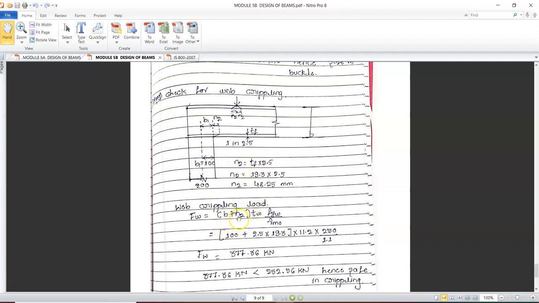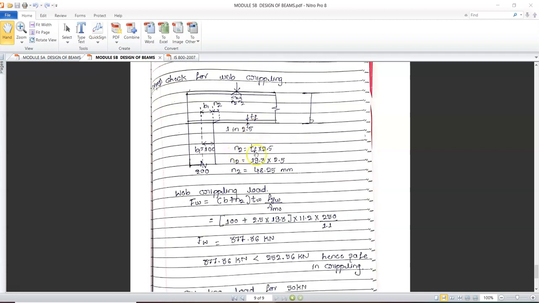Then N2 is the dispersion of the shear force or the support reaction from the bottom of the flange to the top of the flange through the thickness of the flange, with a ratio of 1 in 2.5.